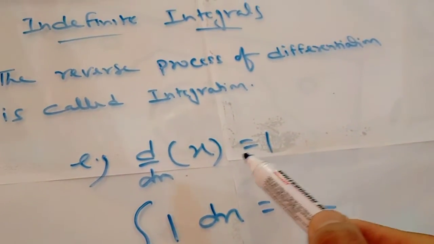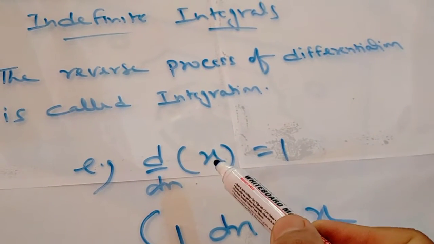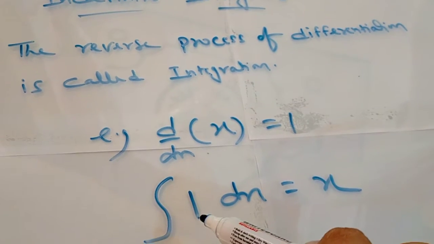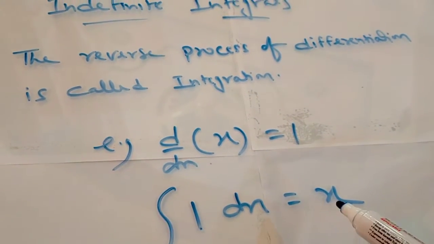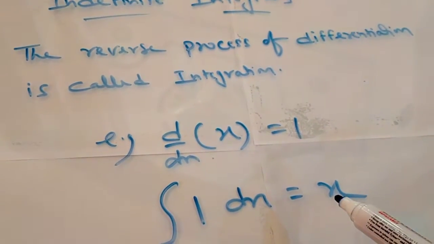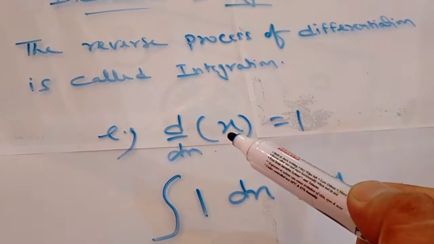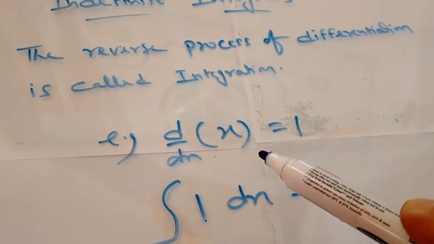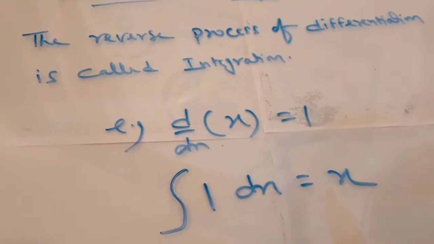Means if you are finding the differentiation of x, your result is 1. If you are getting the integration of 1, it gives the result x. So by this way we can say integration is the reverse process of differentiation.